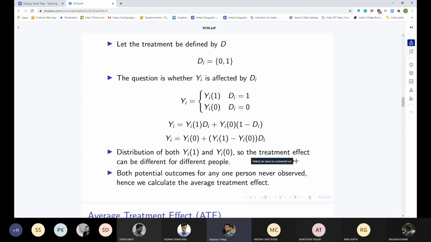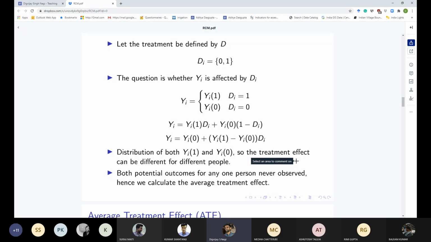The objective of this exercise is to see whether this treatment that we are giving has any influence on their outcomes. Those outcomes are denoted by Y here. So Yi is basically the observed outcome. You gave treatment to these individuals, and then in some time period T star, you observe their outcomes. So Yi denotes observed outcomes.